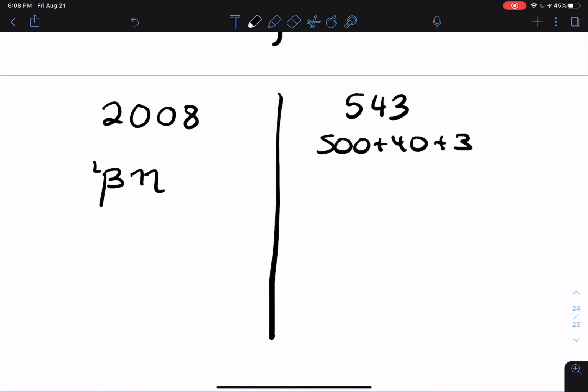So 500 is phi. So you just do a little phi. And then if you're going to do 40, you got to do mu. Looks like a little u. And then if you're going to do 3, you do the little gamma. And there you go. That's it.